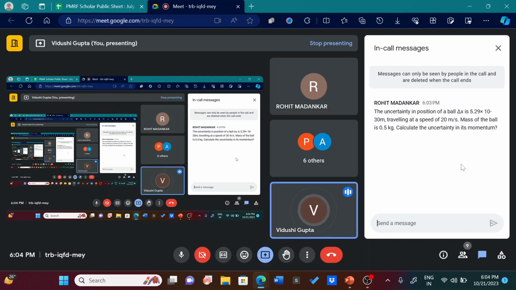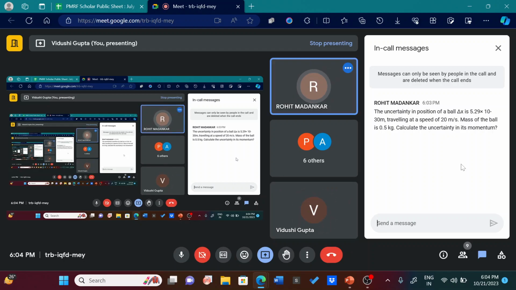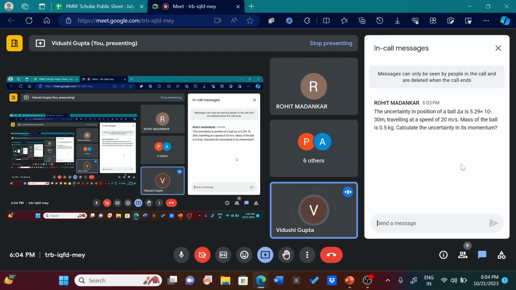It will be 10 into 10 raised to minus 6, or you can simply say 1 into 10 minus 5, like you said, ma'am. 10 into 10 minus 6 is 1 into 10 minus 5 only, no? It's the same. Yeah, it's 10 minus 5.